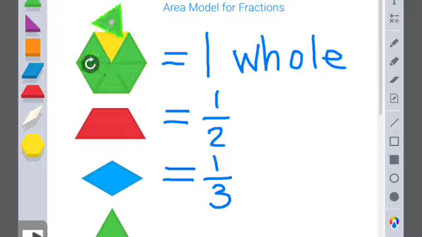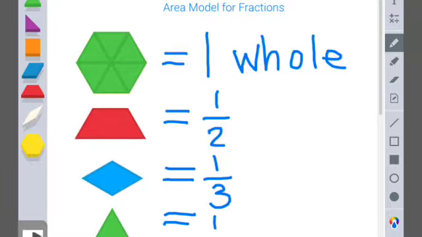Okay, so I can see that it takes 6 green triangles to make one whole. Therefore, 1 triangle would equal 1/6 of the whole hexagon.